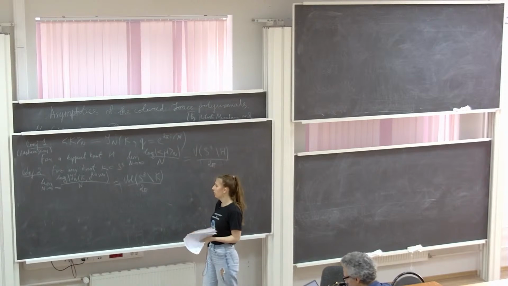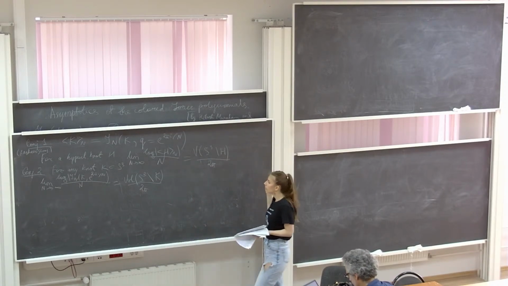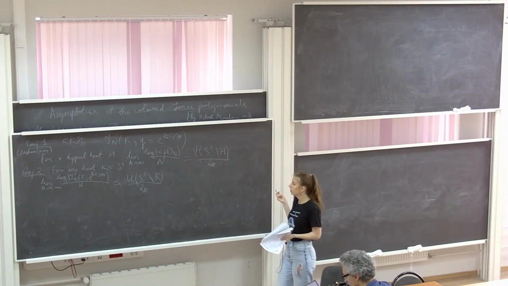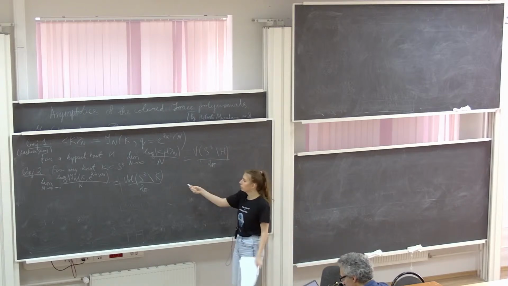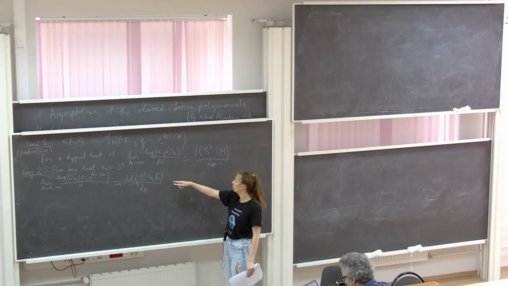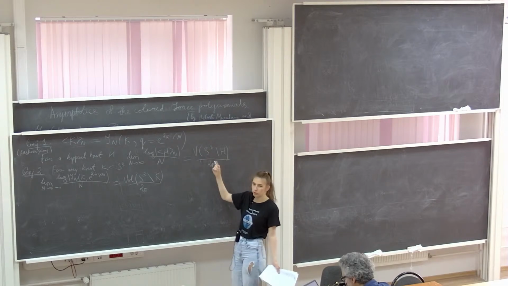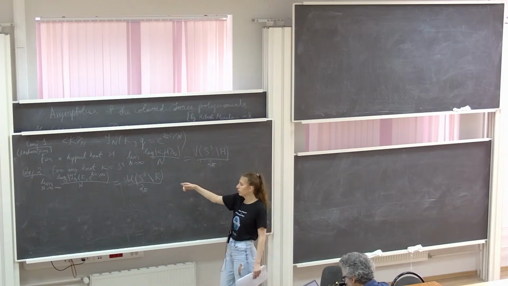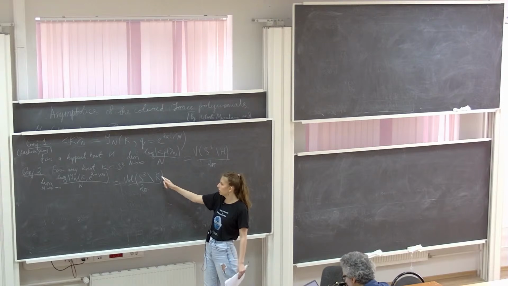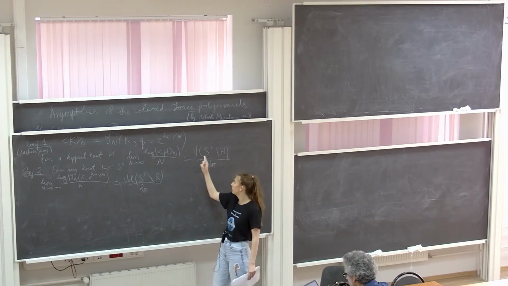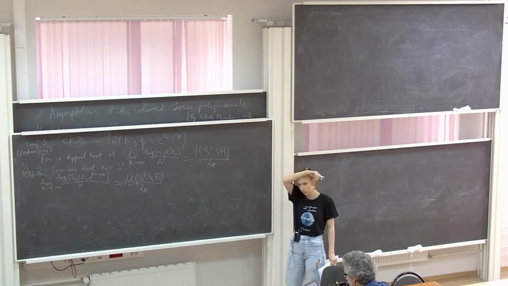It is chosen in such a way that for hyperbolic knots the Gromov norm is just the hyperbolic volume.